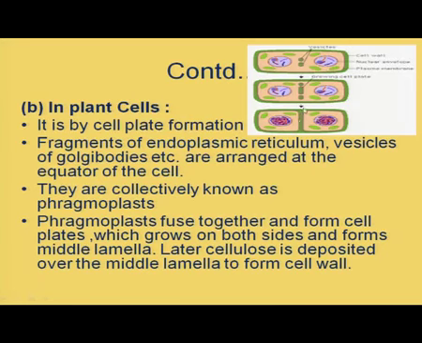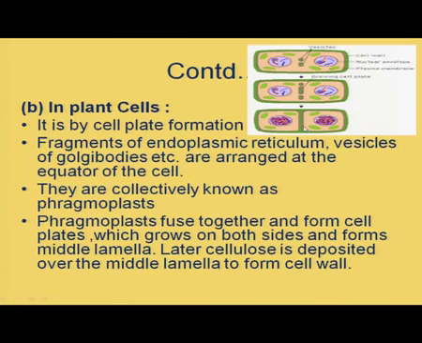The cell plate grows on both sides and unites together, and it forms the middle lamella. Lamella means layer, the middle layer. Later on, cellulose, hemicellulose and other molecules are deposited over this middle lamella and it forms the cell wall.